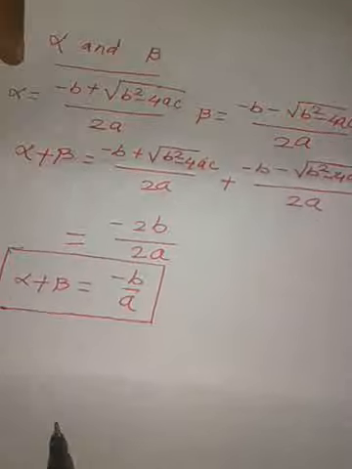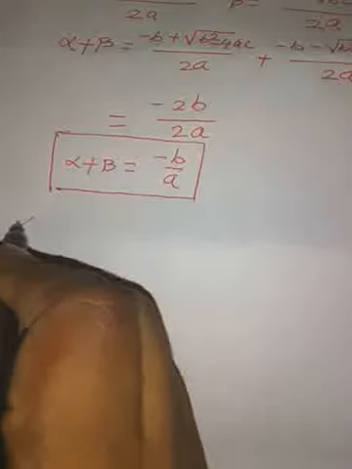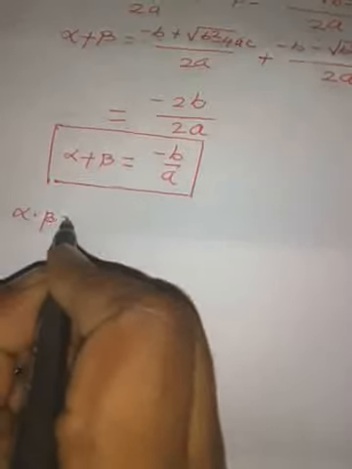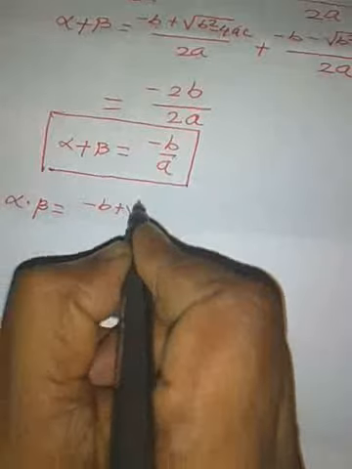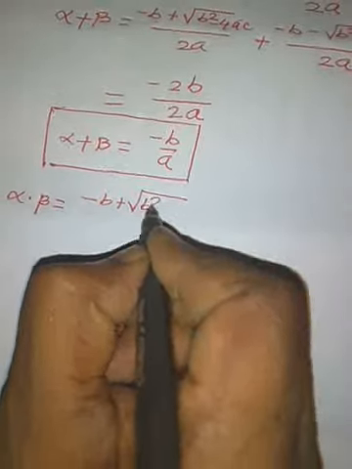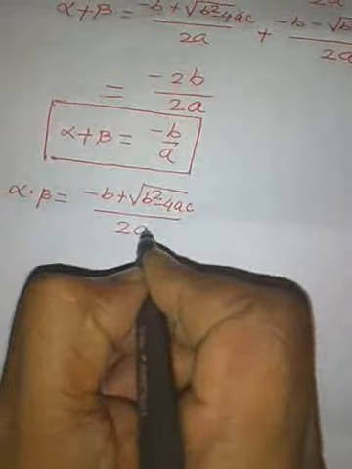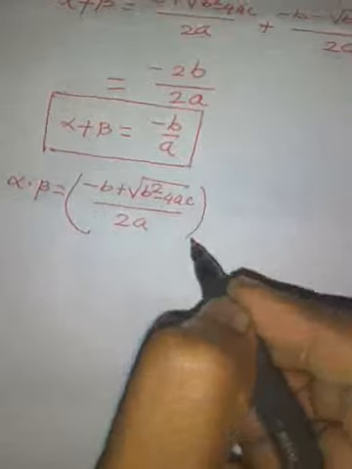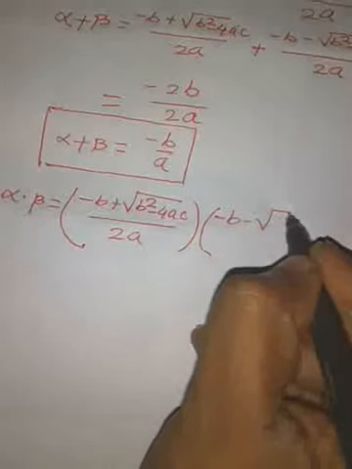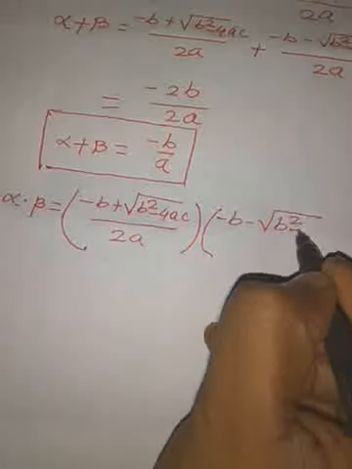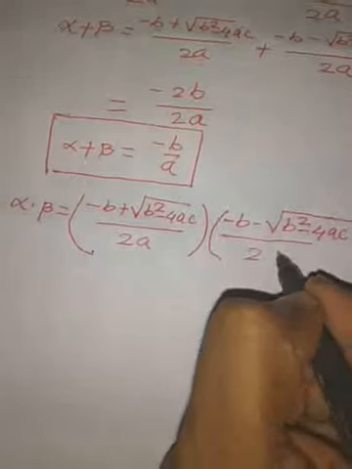Then if we multiply both the roots, we get alpha into beta is equal to the value of alpha, minus b plus square root of b square minus 4ac upon 2a, into the value of beta, minus b minus square root of b square minus 4ac upon 2a.